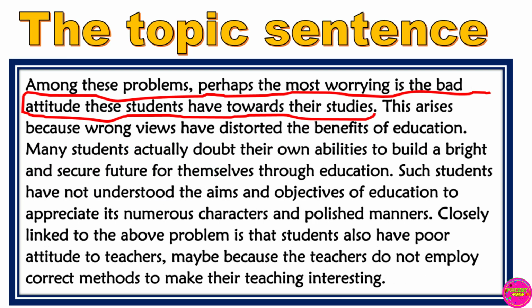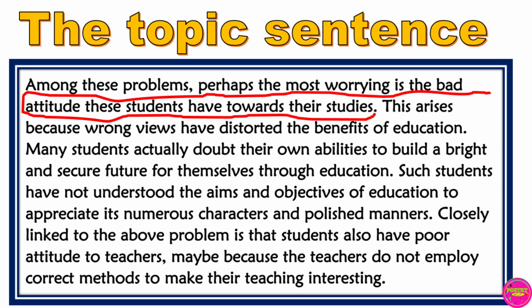Let's consider this example. Among these problems, perhaps the most worrying is the bad attitude the students have towards their studies. So, you have to know exactly where to find the topic sentence. The topic sentence here has to do with what? The bad attitude the students have toward their studies.